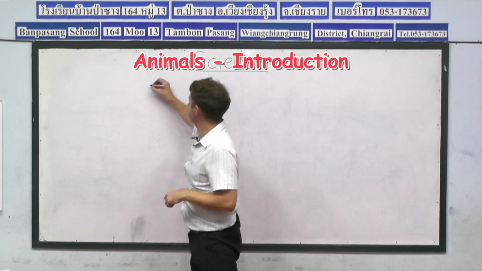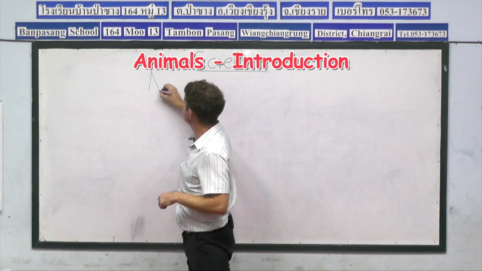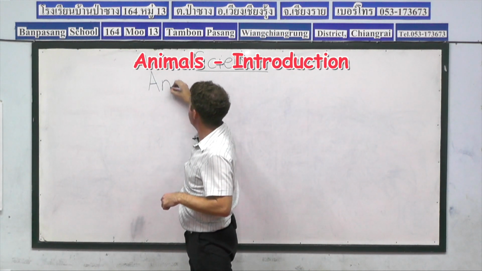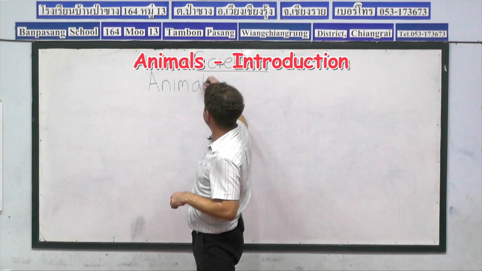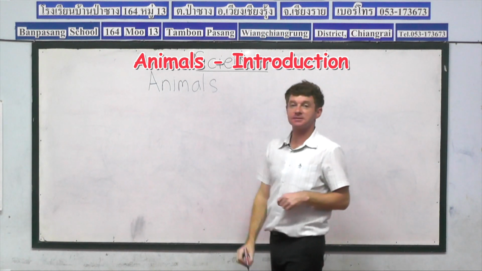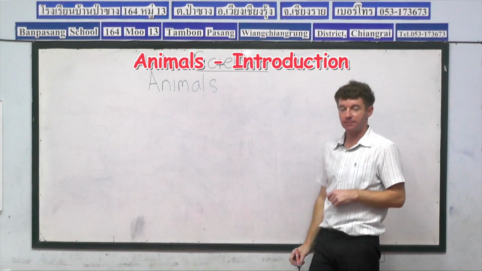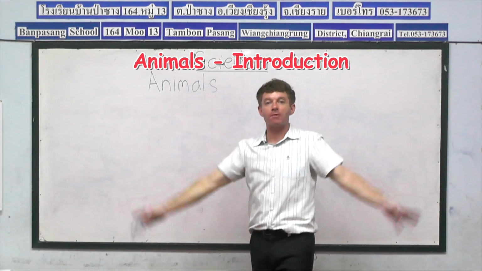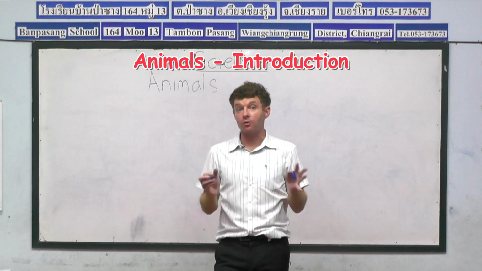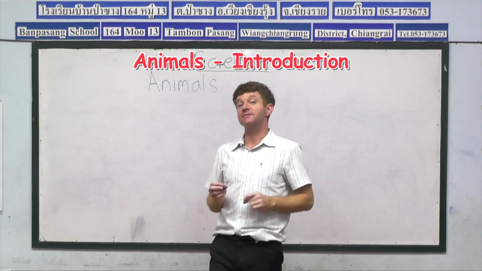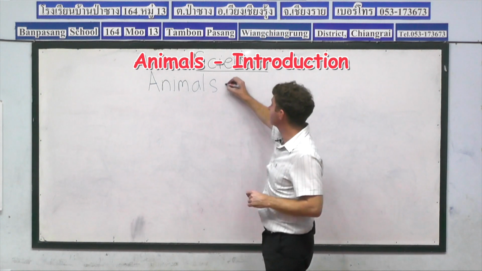So let's write animals on the board, guys. A, N, I, M, A, L, S. Animals. Animals is the general term we use for all of the different living things on the planet. And in today's lesson, we're going to be having an introduction.